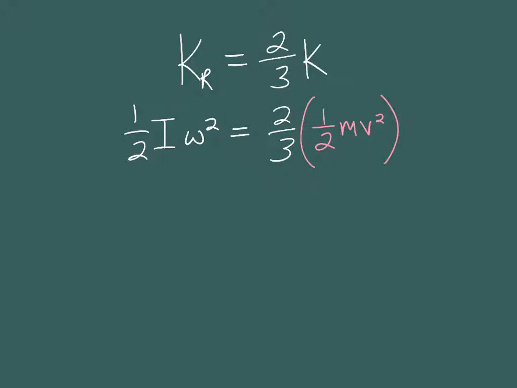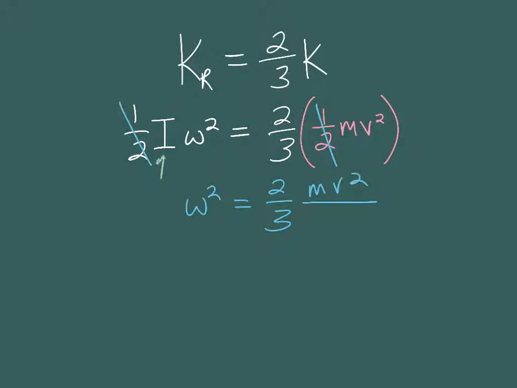We want to know what this rotational speed is. So it's just dropping things out. The halves are going to fall out for us. And I'll have omega squared is going to be equal to, keep this 2/3, and I'll have an mv squared on top still.